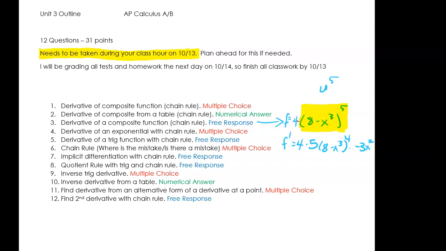And then this can definitely be simplified, but this is the derivative of f. So we would have 20, we would have negative 60x squared times 8 minus x cubed to the 4th. Obviously the question could look very different for number 3, but the idea for number 3 is that you're going to be using chain rule.